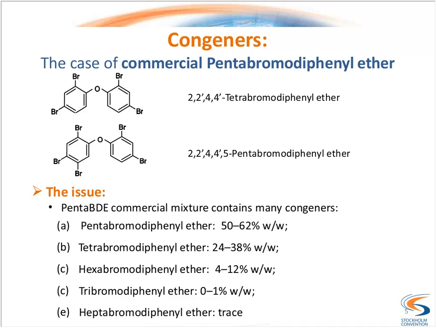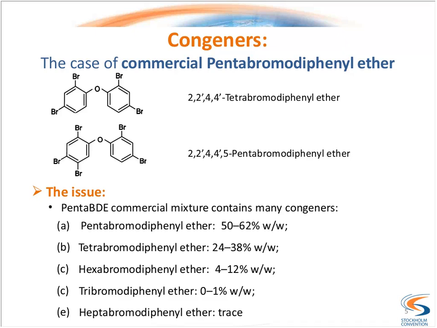And the number without prime describes the position of the bromine compared to this oxygen bridge in the middle of the 2 molecules, and then in the left molecule on the top, one bromine is in position 2. Position 1 is where the oxygen is, and one is in position 4. You have 2 and 4, and then one is in the second molecule.